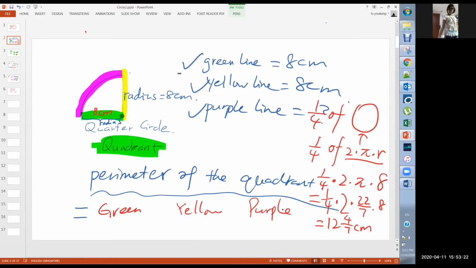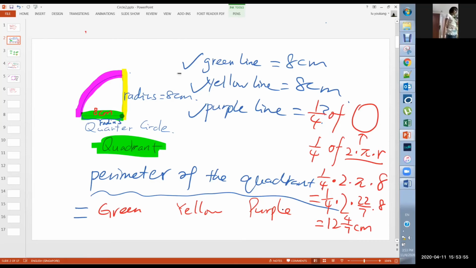Which 4 operations have you learned so far? I'm not asking you for formulas or terms. I just want to ask how many operations you have learned so far in your life. Plus, minus, times, right. Correct.